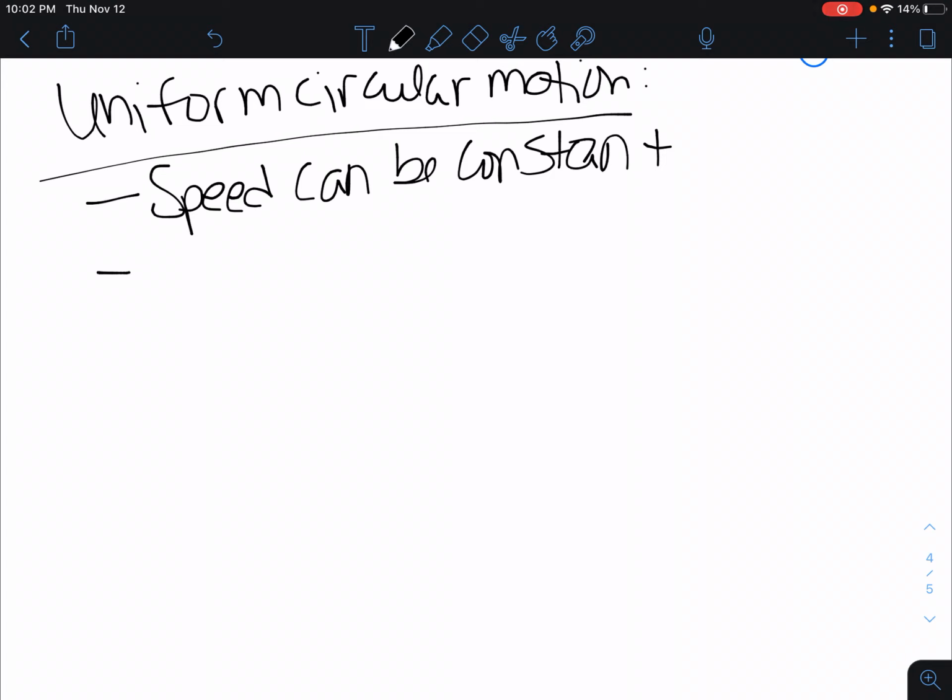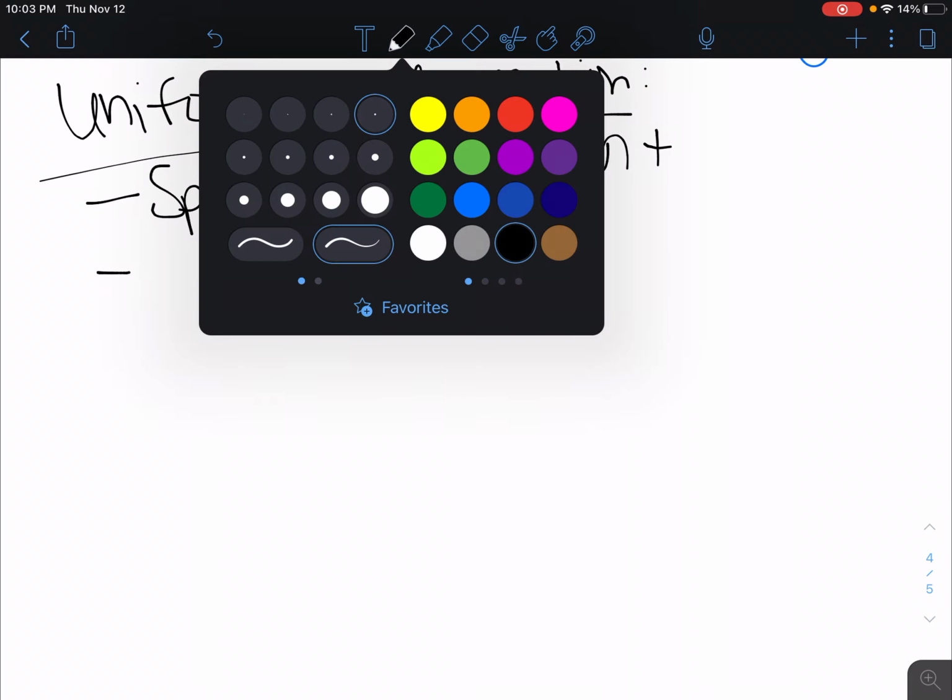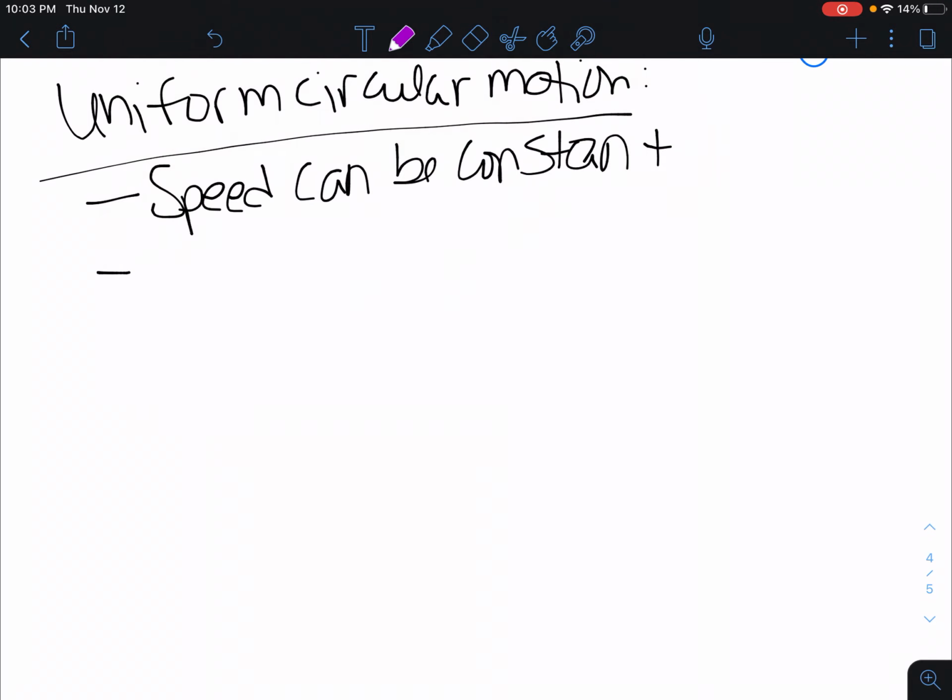So we talked about the 4 different ways to accelerate. So we can go faster or we can go slower. Well, if we have a constant speed, we are not going faster or slower. So we need to look at the third thing. The third thing was a change in direction.